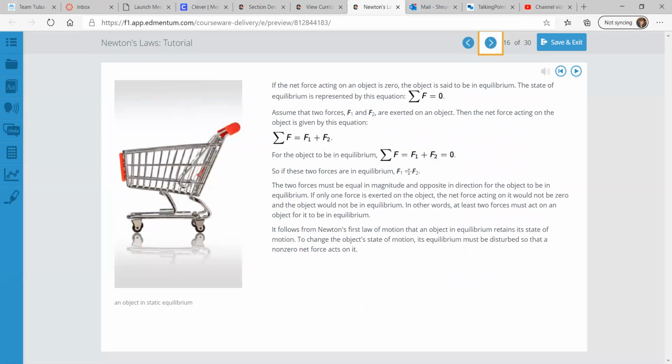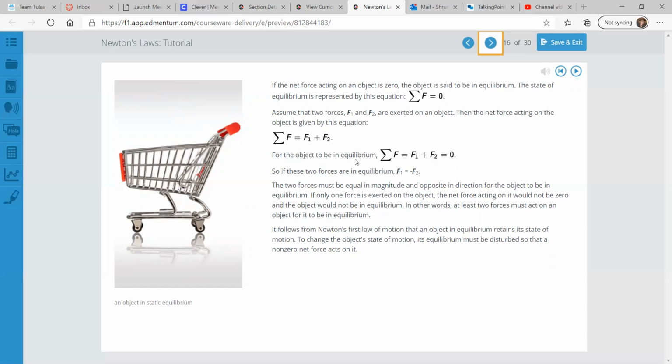If the net force acting on an object is zero, the object is said to be in equilibrium. The state of equilibrium is represented by this equation: the summation of forces equals zero. Now assume the two forces F1 and F2 are exerted on an object. Then the net force acting on the object would be the summation of forces equals F1 plus F2.